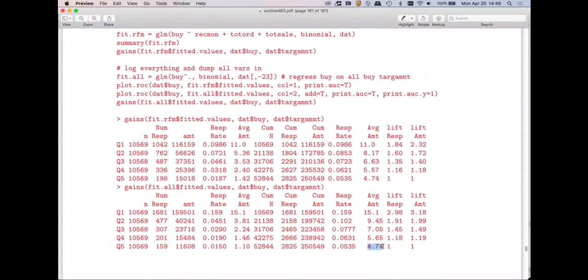So the smarter model doesn't help you if you're just going to contact everybody. You don't need a fancy model. The fancy model is going to help you if you're only going to try to identify the better customers. So 2-3 deciles in, the differences are substantial between these two models.